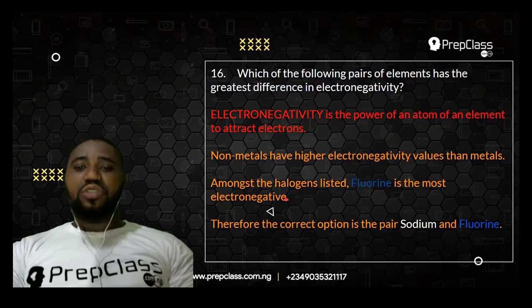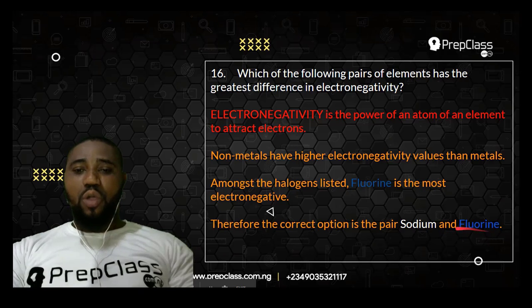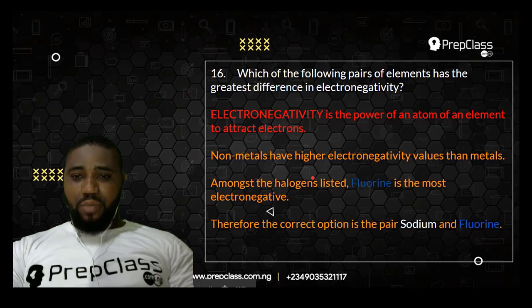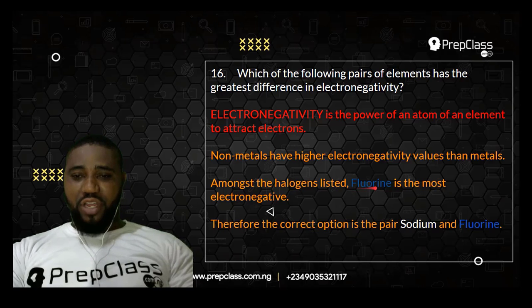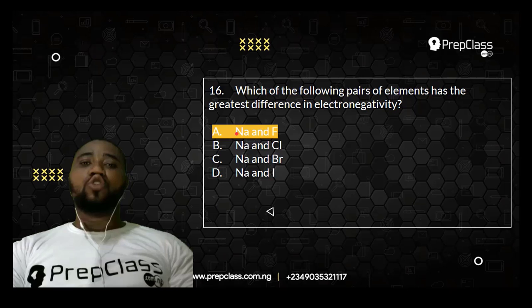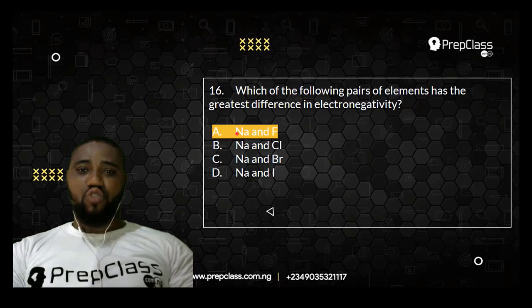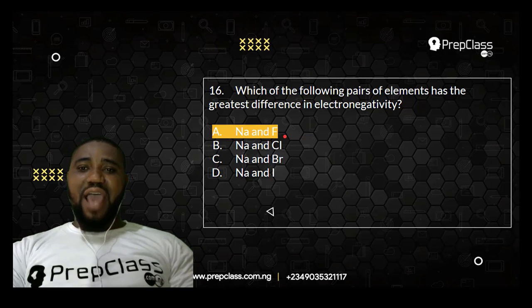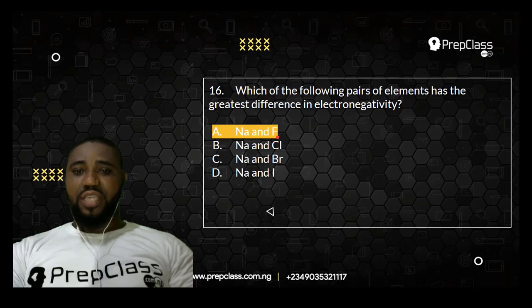I said that amongst the halogens listed, fluorine is the most electronegative. And because of that, the electronegativity variation between sodium and fluorine will be higher than the remaining three. So the correct option to this question is option A. The pair with the highest difference in electronegativity is sodium, which has a low electronegative value because it is a highly electropositive metal, and fluorine, which has a high electronegative value because it is a highly electronegative non-metal.